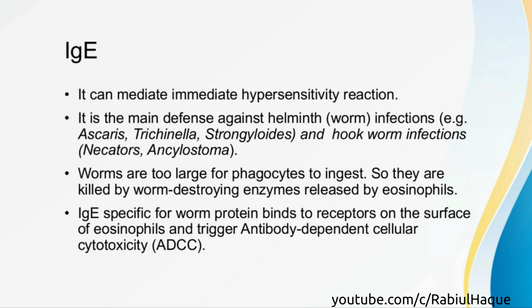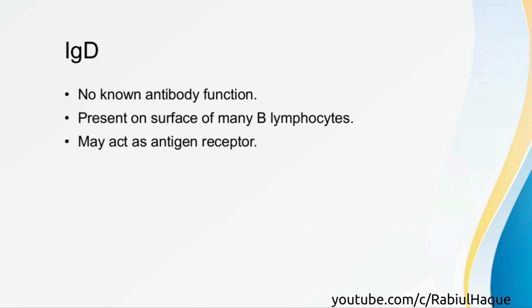And immunoglobulin E has important roles here. Immunoglobulin E, specific for worm protein, will bind with receptors on the surface of eosinophils, and that will trigger cellular cytotoxicity to kill the worms.